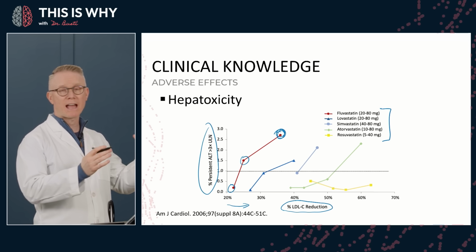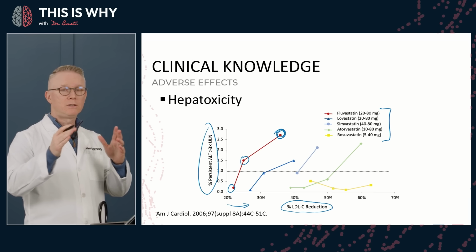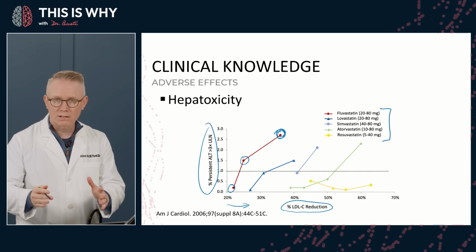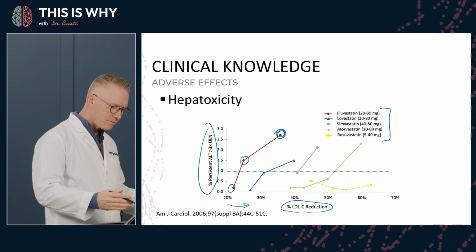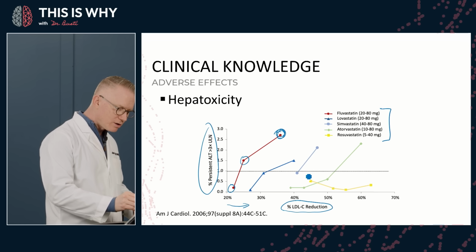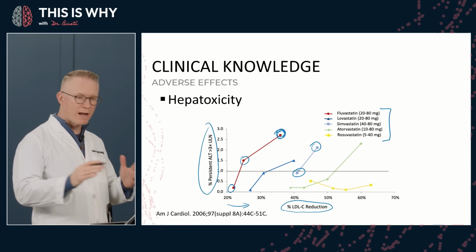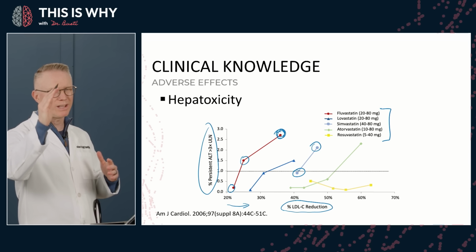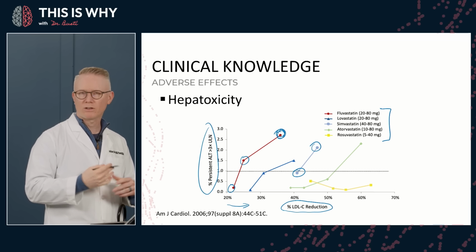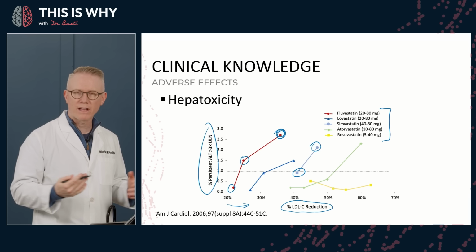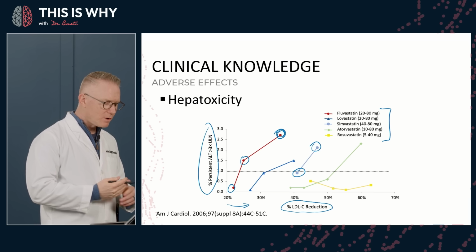Well, that goes back to that dose or concentration dependent problem with these drugs. We'll look at all of them. So lovastatin, look at simvastatin. Just increasing the dose, yes, you get more LDL lowering, but you also increase the risk of liver toxicity or enzyme elevations.